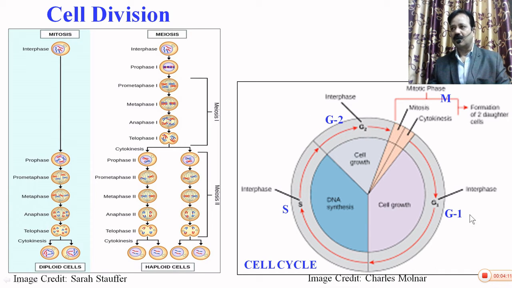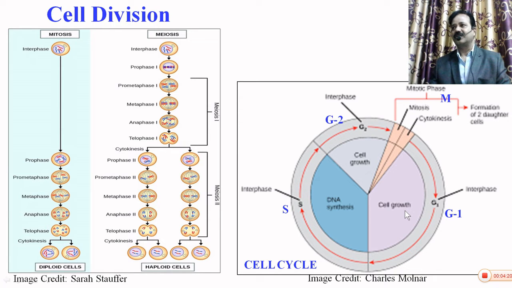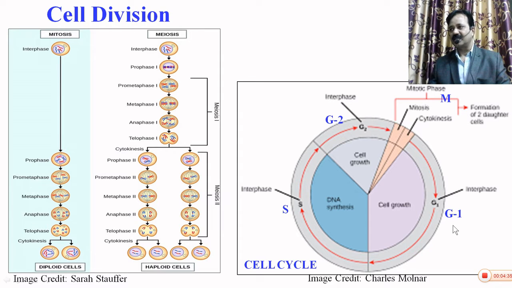G1 phase, also called the first gap phase, is the phase in which the cell grows physically larger and makes a high amount of protein molecules required in later stages. More cell organelles are produced and the volume of cytoplasm increases during G1 phase.